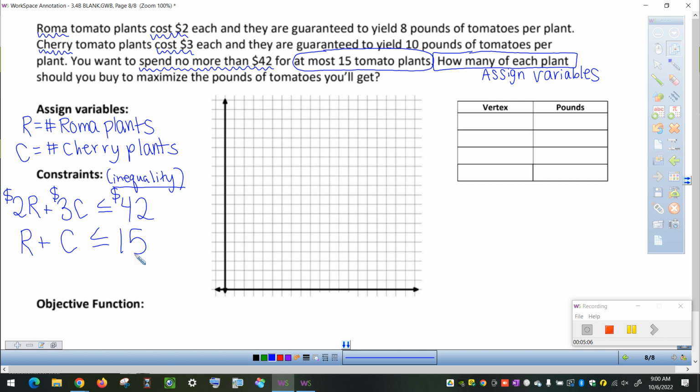Because we could fit 15, we could also fit 14, we could have 13, we just couldn't have like 16, because we don't actually have the space for that, so it's another less than or equal to symbol.